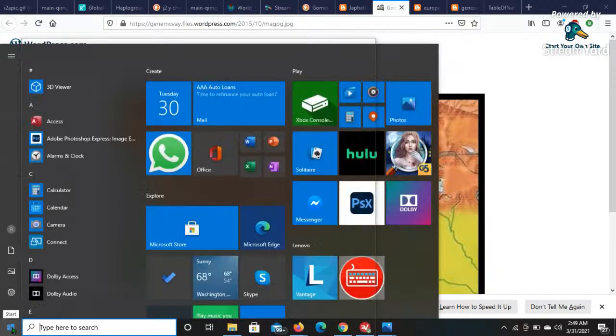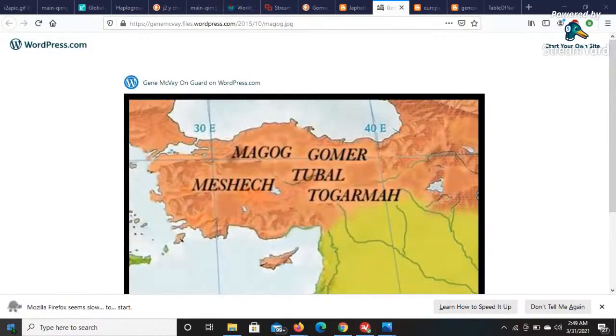Okay, now I got issues here. How do I get rid of this? Type here. I don't know how to do this. There we go. How's that? Okay.